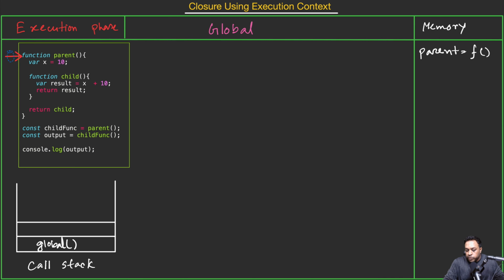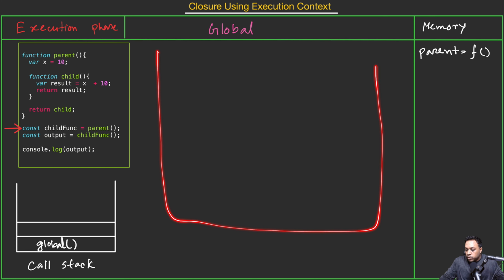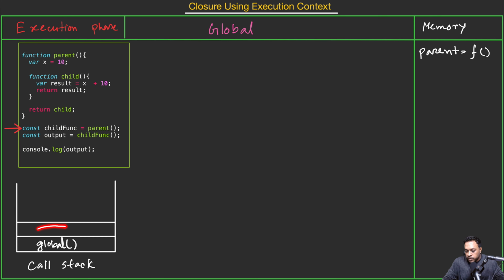The pointer will move to the next line. Here it is creating a variable child func, and it is calling the parent function on the right side. So a new execution context will come into the picture, and in the call stack there will be this parent function, and the execution pointer will move there, inside this parent function. So in the call stack it will be parent now.